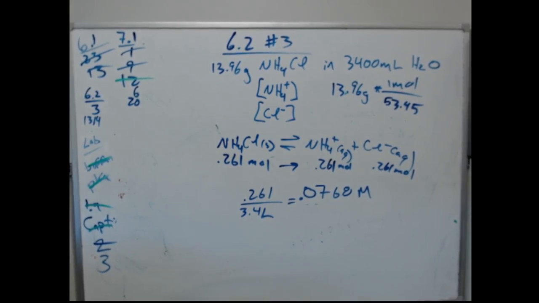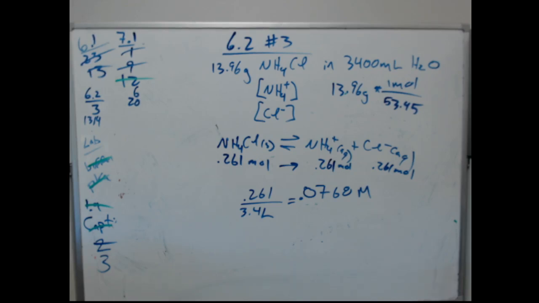That's going to be the concentration of NH4 plus in solution and the concentration of Cl minus in solution, for sure. And then if I add those two numbers together, that should get the total molarity. The molar concentration of the solution is the one that's kind of weirding me out.